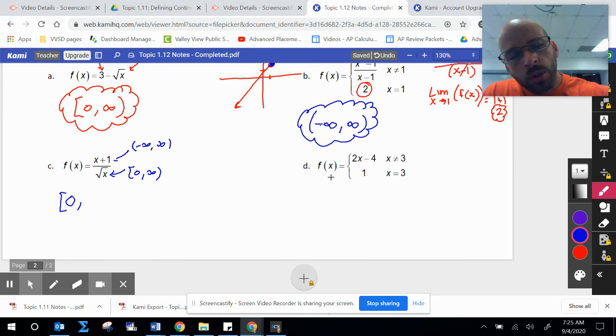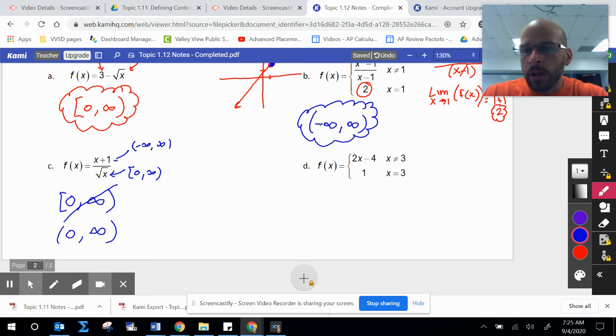If I use the most restrictive out of these two pieces, I would start to say that it's continuous from 0 to infinity, right? However, if you were to plug 0 into the bottom here, you can't have a denominator of 0. So I need to alter this because I don't want to include where the denominator is 0. And in that case, it's my left endpoint. So I get this value.